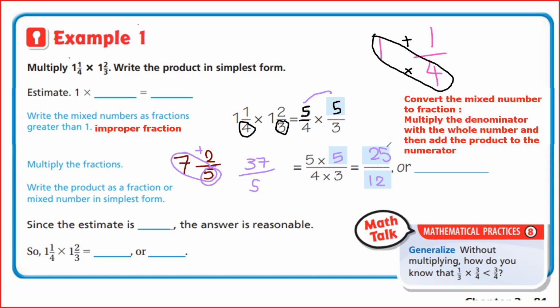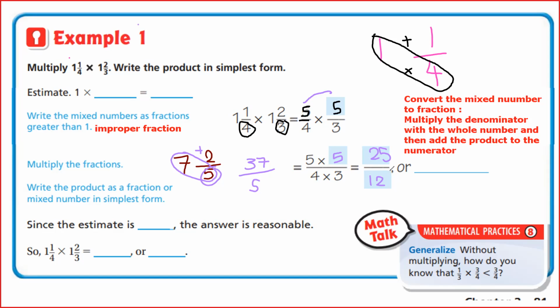And now, here, what is the answer? It's 25 over 12 after I multiplied. Okay, you have to know something. You cannot keep the answer as an improper fraction. This is not the simplest one. So I now rewrite it as a mixed number.